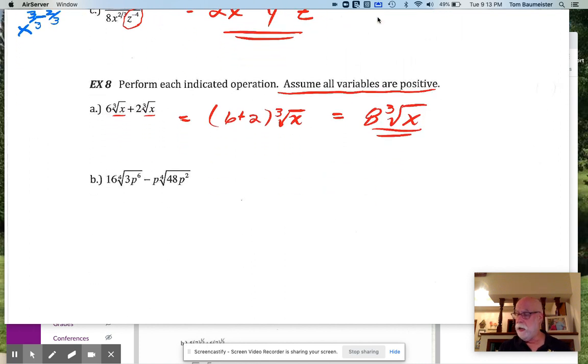And let's see. On B here, I have 16 times the fourth root of 3 p to the sixth. All right. So again, I want you to think here. This one here is larger than this one here.